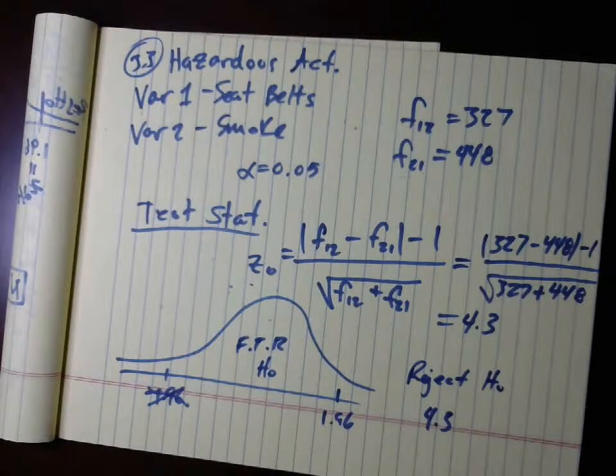To let you know, the H naught for this is the proportion between the two populations. Remember, similar to before, you always have equal for null.